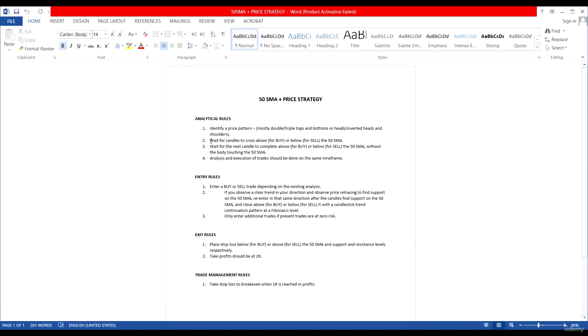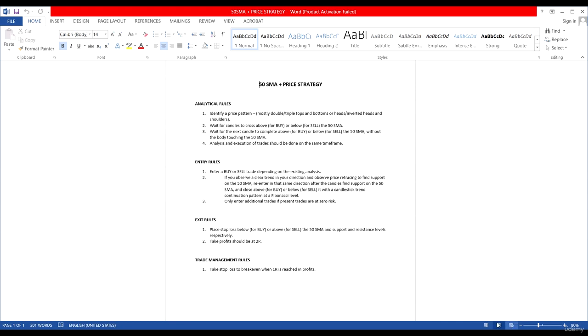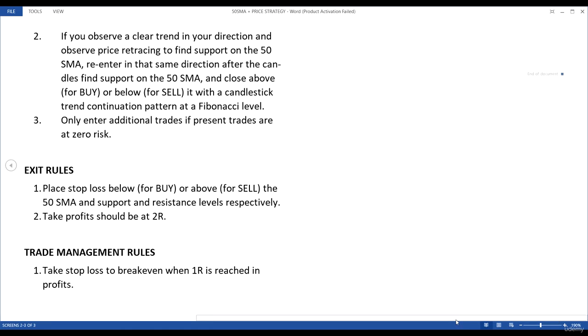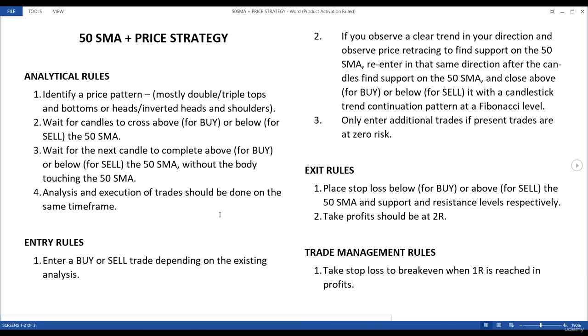In here you can see the analytical rules, what to look out for. You can see the entry rules. Okay, you can see the exit rules, you can see the trade management rules. So these are the things you should look out for. Okay, and I'm just going to make it this way so we can have an expanded view.